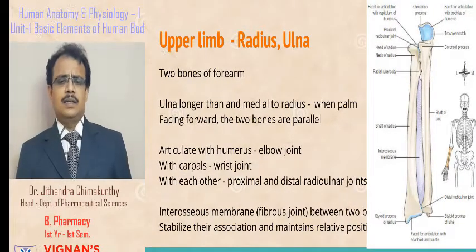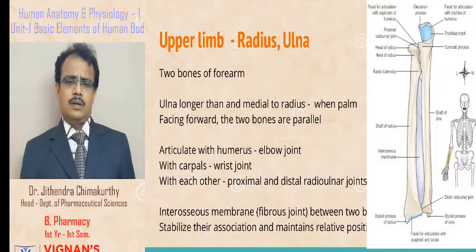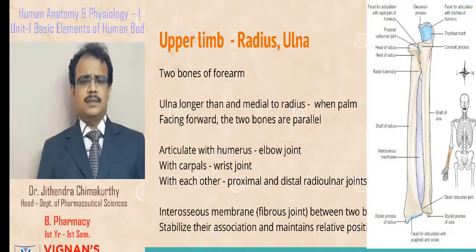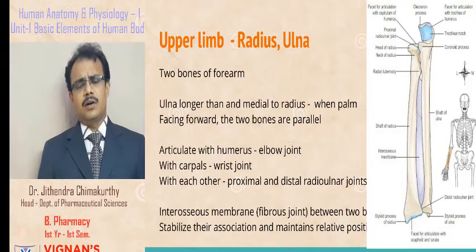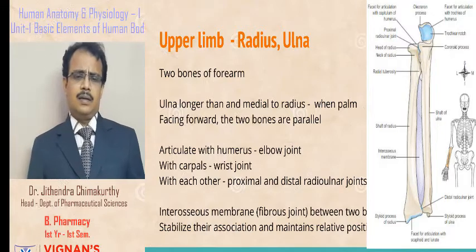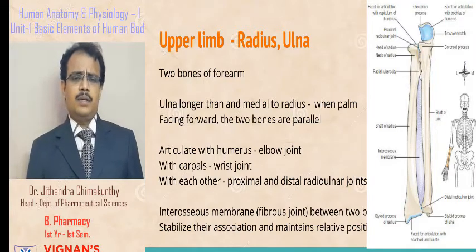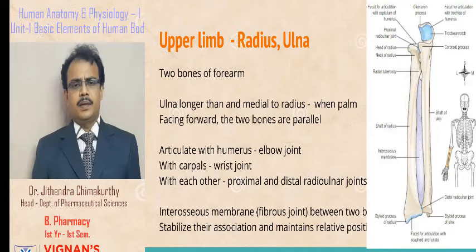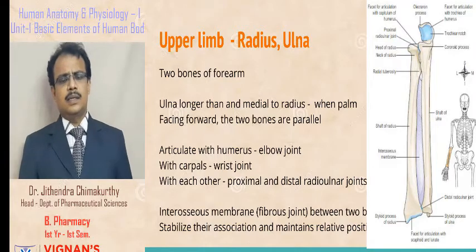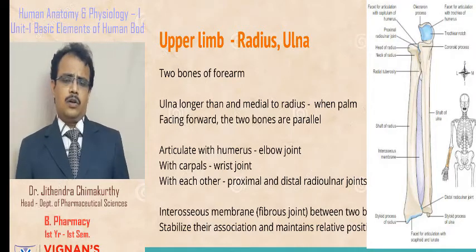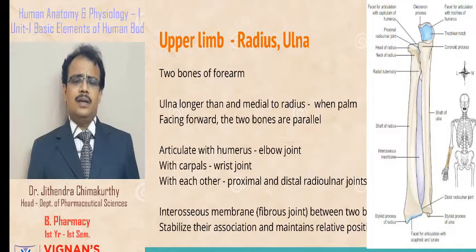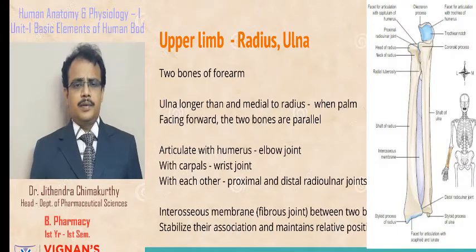Next, we will see the bones of the lower arm, that is the radius and ulna. The ulna is the longer of the radius and ulna, and when the palm is faced upwards, the ulna lies medially. At the proximal region of the ulna, we have a trochlear notch in which the trochlea of the humerus sits, and there is a coronoid process below the trochlear notch.